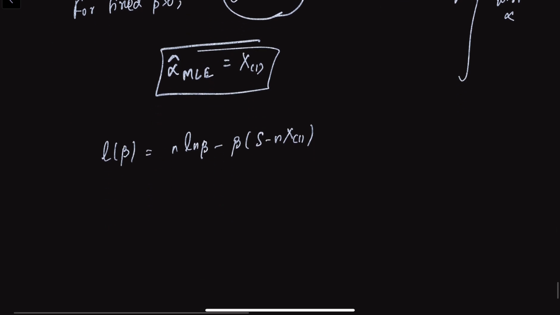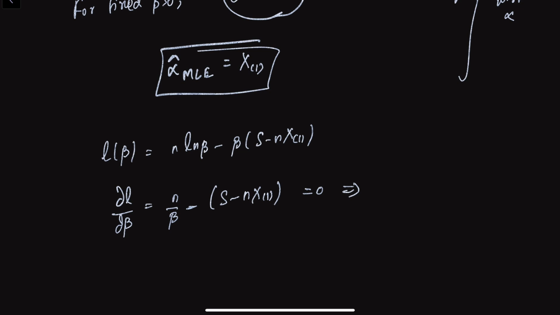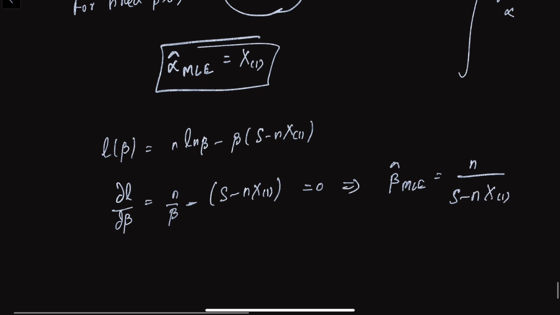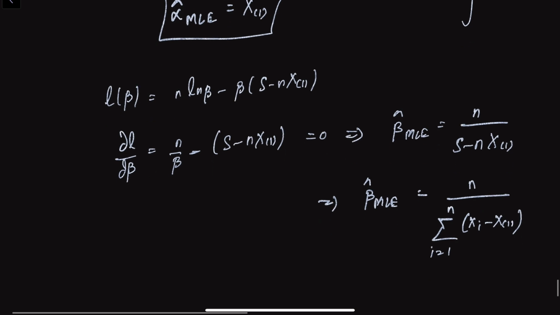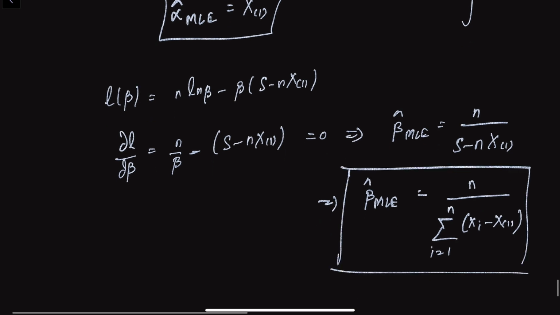If I differentiate with respect to beta and set it to 0, partial L by partial beta is n by beta minus (s minus n x of 1), which is 0. That means beta hat MLE is n by (s minus n x of 1), which is n divided by the summation i equals 1 to n of (xi minus x of 1).